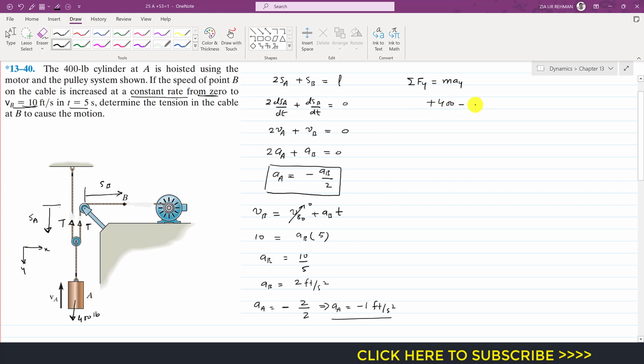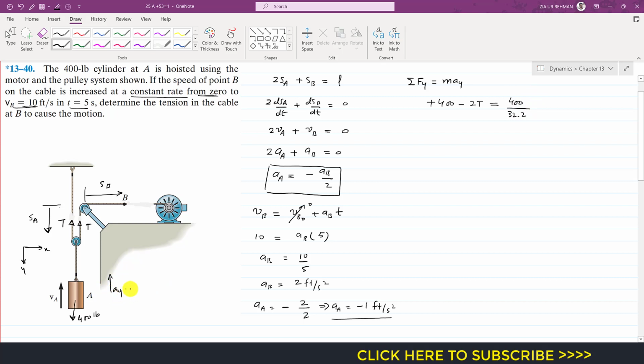This is equal to the mass of the cylinder. The weight is 400 pounds, so 400 divided by 32.2, the g value, will give us the mass, times the acceleration of the block in the Y direction.